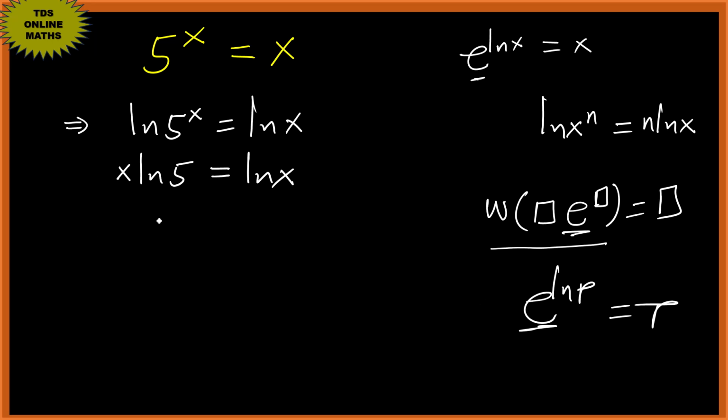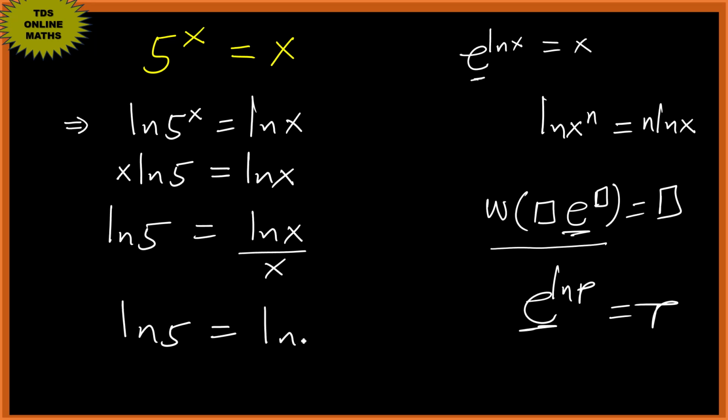What we are going to do here is group the x terms on one side, so I'll divide both sides by x. My next step will be ln of 5 equals natural log of x over x. I can rewrite this as natural log of x times x to the power minus 1.